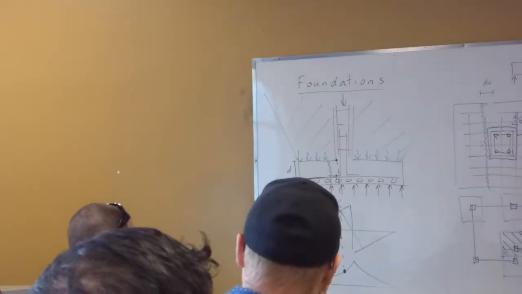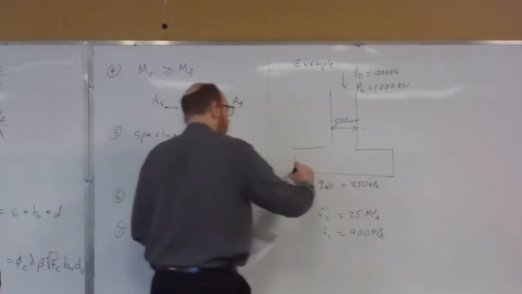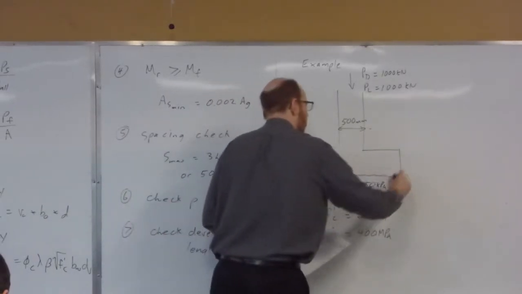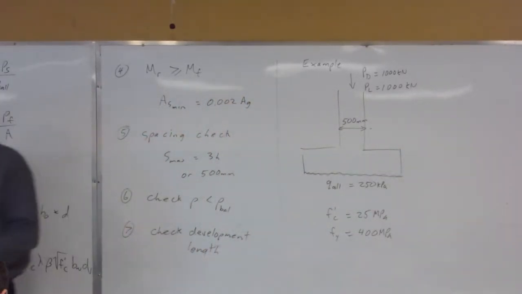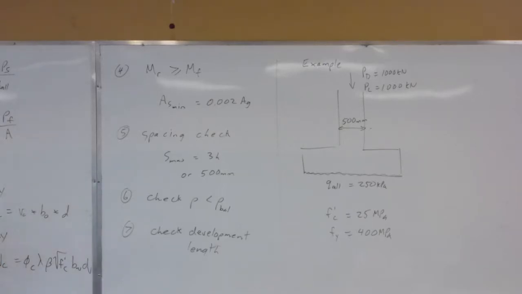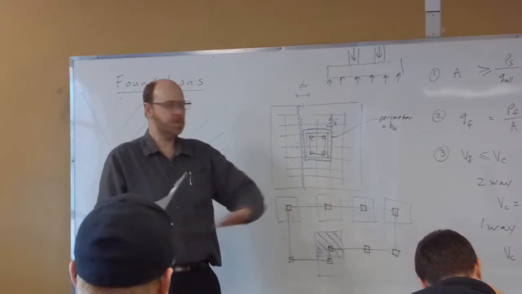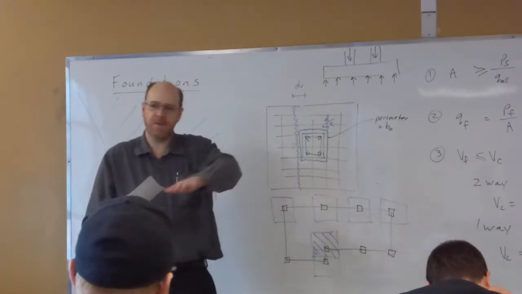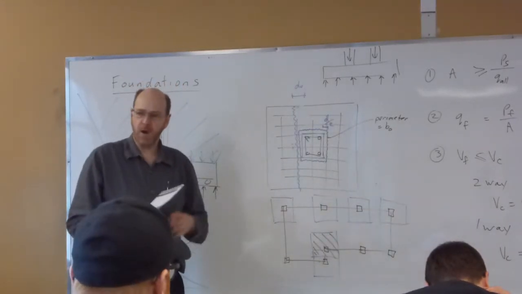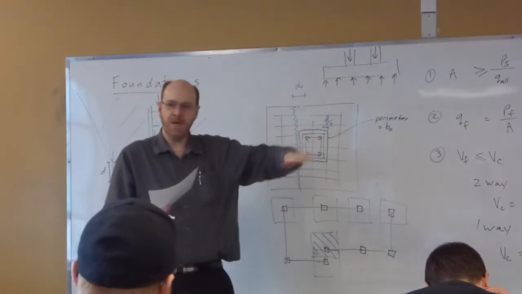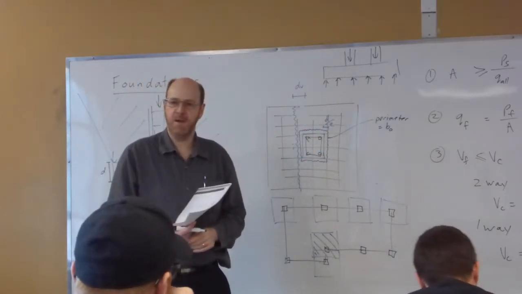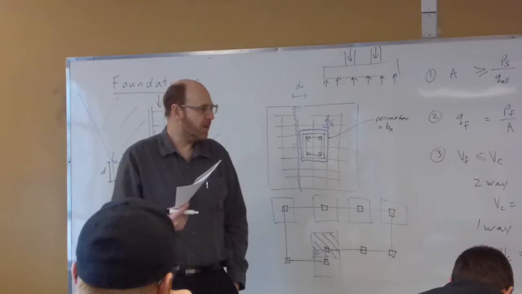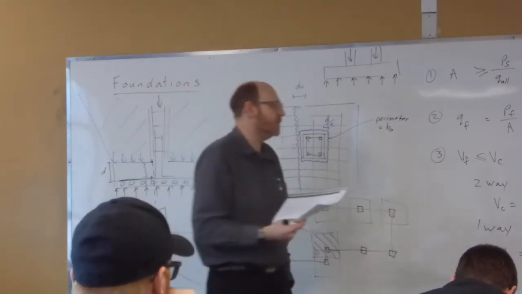And part of that is because you're pouring this concrete right on top of the ground. You're not exactly building formwork like you are with a beam. So you have less control over what that ground profile is. Sure, you'll throw some gravel down there and you'll compact it, but there's still going to be some variations in there. So the larger cover distance will allow for that kind of variation within the fill profile as you put it in there.